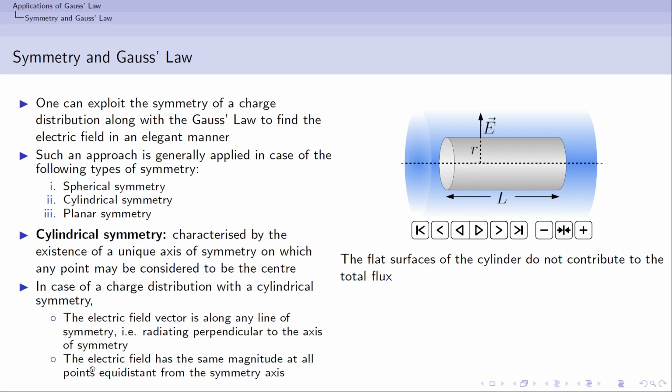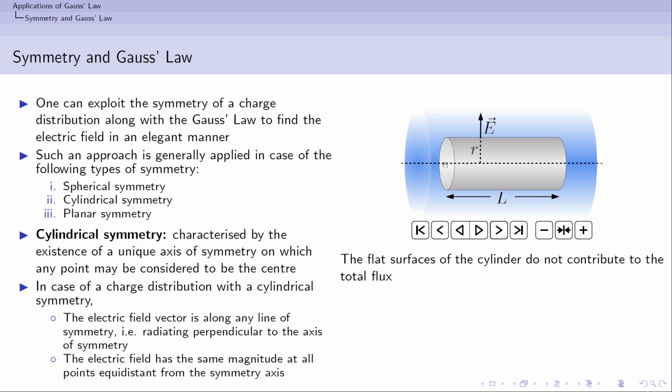So if you apply these 2 points, the electric field vector on this curved surface will always be perpendicular to the surface, that is in the radial direction, and the electric field will be the same at all points on the curved surface. But the cylinder has got 2 flat surfaces also, this surface and this surface.